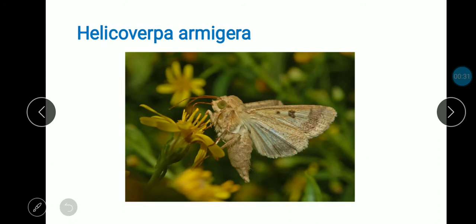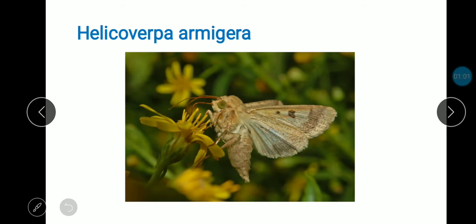This pest, the adult stage is seen in this diagram. In this photo, you can observe this Helicoverpa armigera, commonly called the cotton bollworm, because it feeds on the cotton crop as well as many other crops, but is named the cotton bollworm.